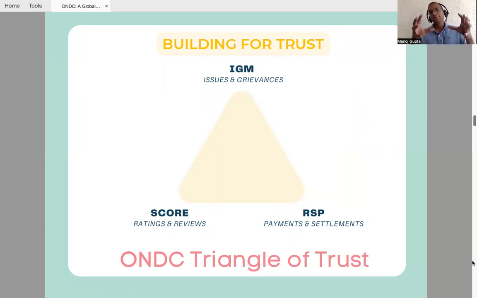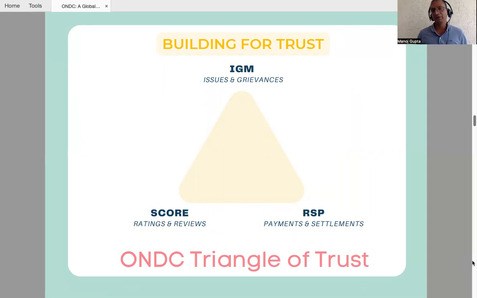What I'm presenting is a triangle of trust that I talk about. There's the whole grievance management, which is driven by IGM. There's the whole payments and settlement part, which is driven by RSP, and there's the whole ratings part, which is driven by trust score.